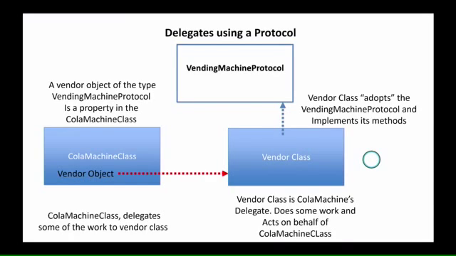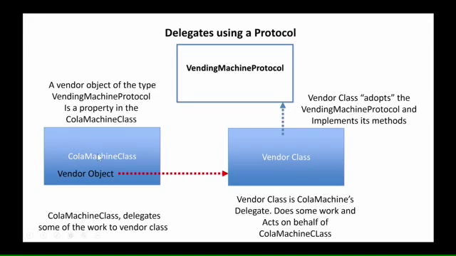Now I have two classes. I have a cola machine class and I have a vendor class. The vendor class is going to be the delegate for my cola machine class.